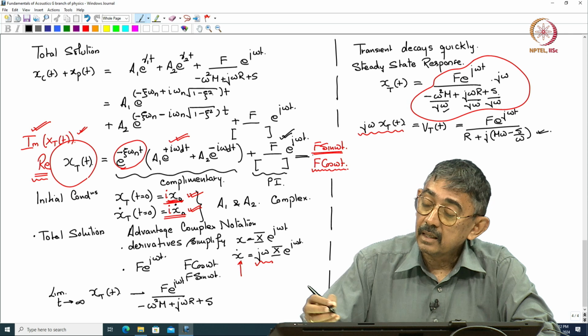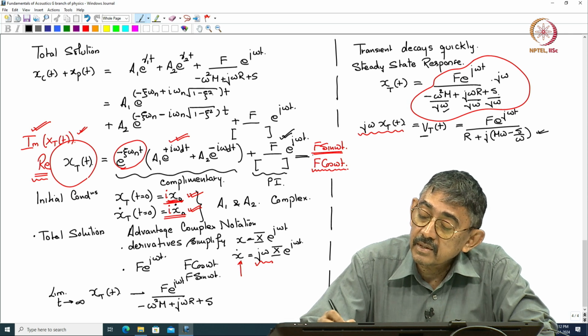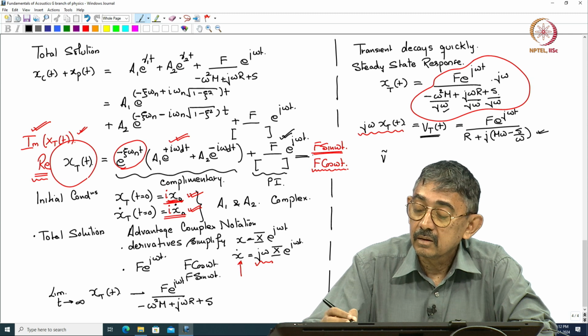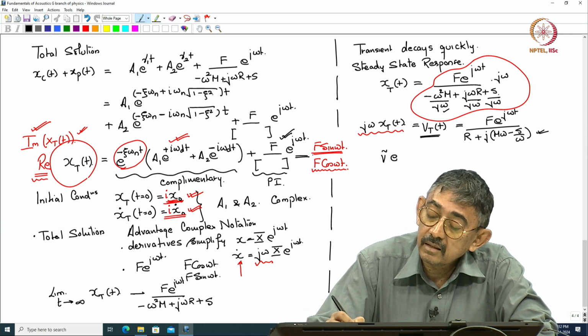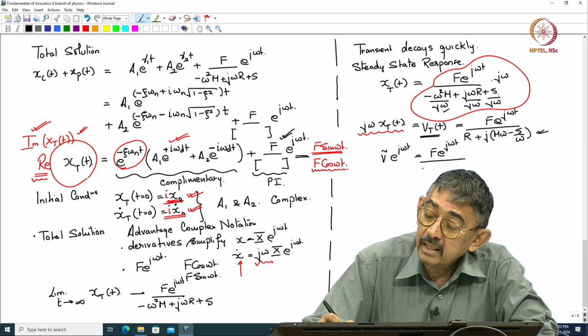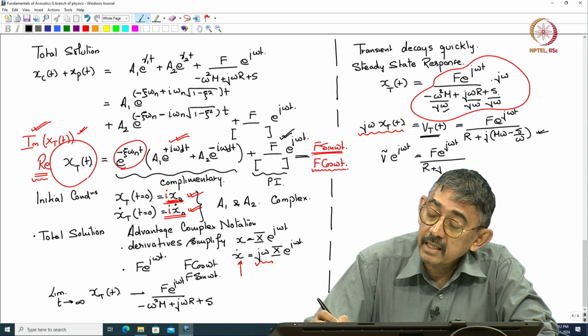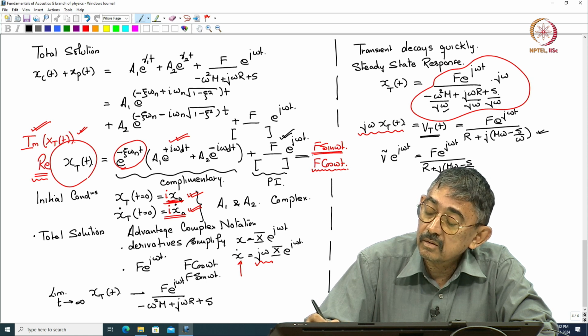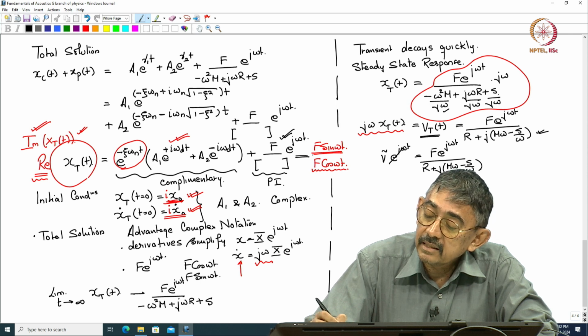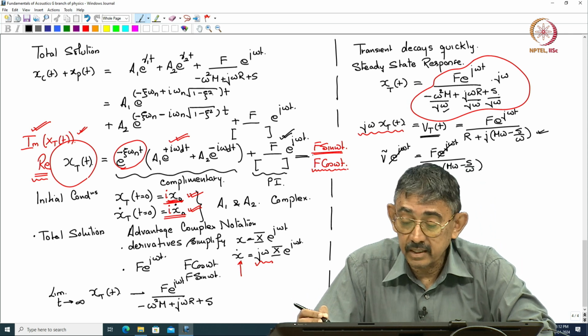Now, this velocity, suppose I write it as some complex coefficient in front into e to the power of j omega t, and on the right I have f e to the power j omega t by r plus j m omega minus s over omega. Then because e to the power j omega t is not 0, I cancel it from both sides.